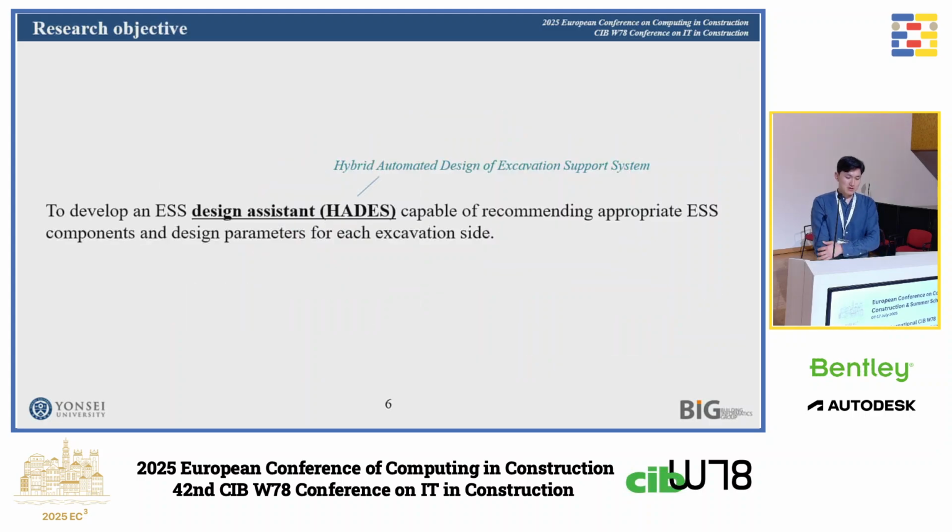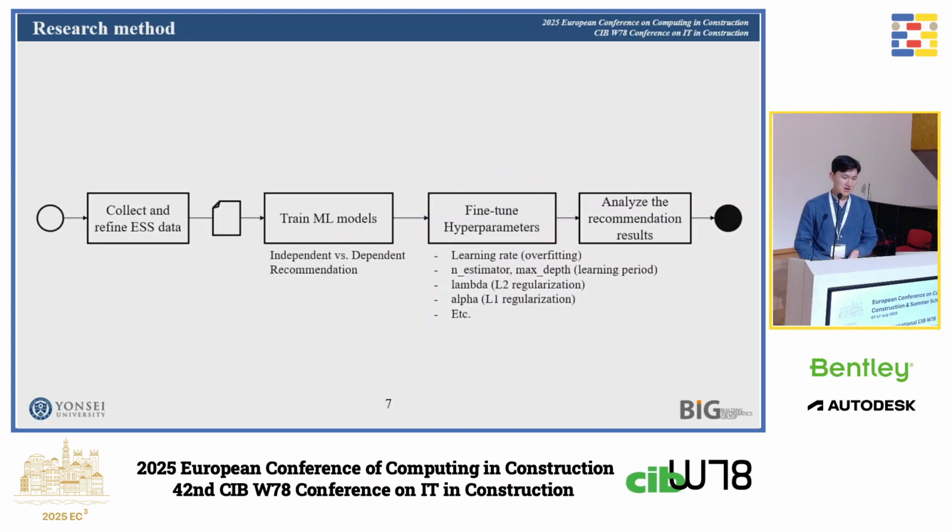So now, the research objective is as follows: to develop an ESS design assistant which is capable of recommending appropriate ESS components and their design parameters for each excavation site. First, we collected ESS cases from real ESS projects, then trained machine learning models by using two recommendation processes.